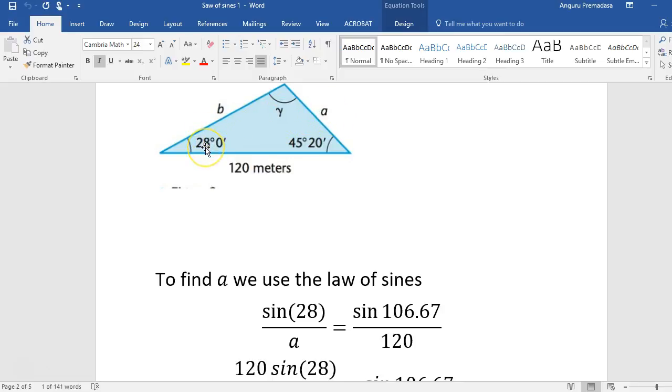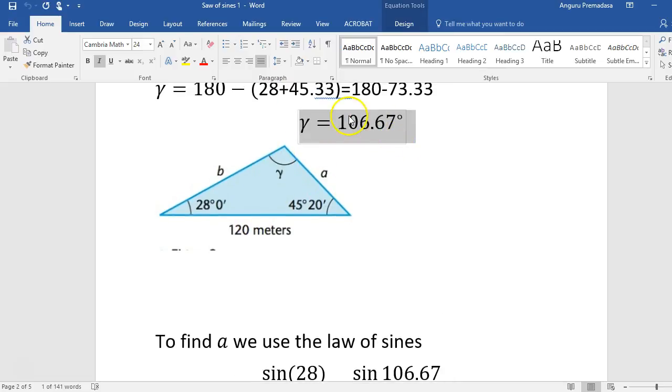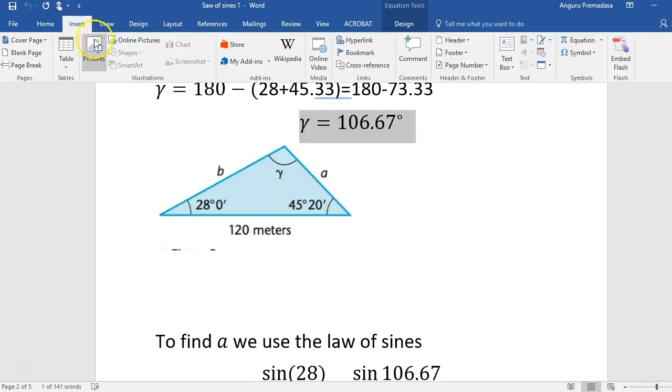So we have sine 28 divided by A is equal to a known ratio. Because we know gamma, this ratio is known. We know this angle is 106.67, so we can put a little arrow saying this angle is now known.